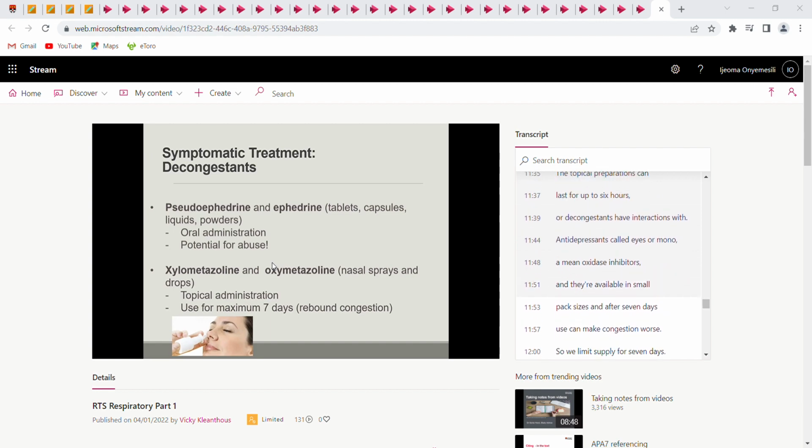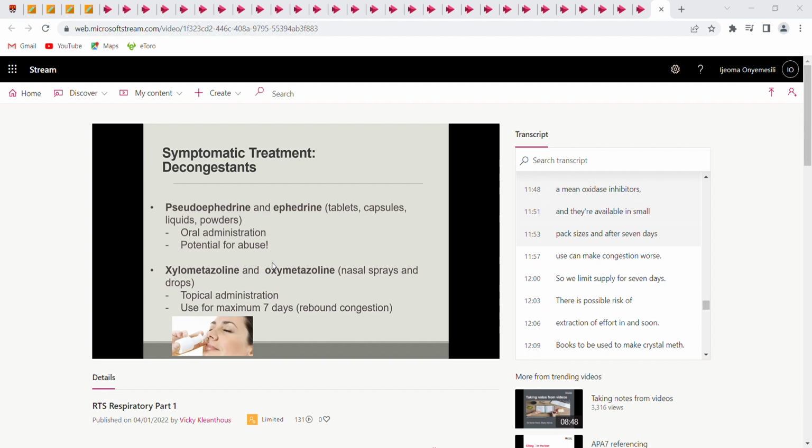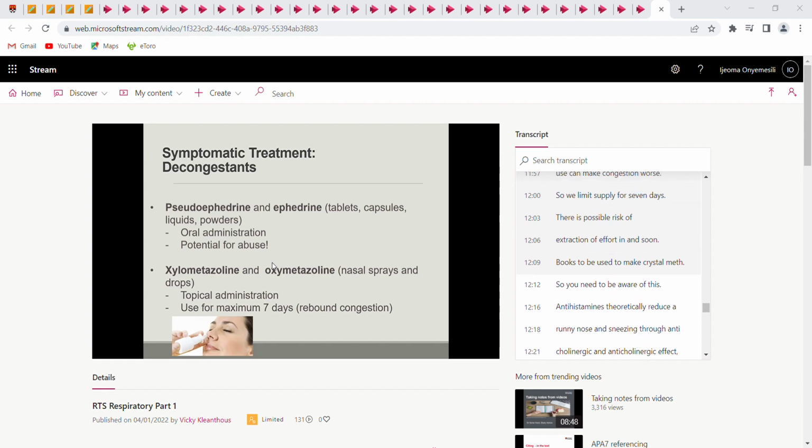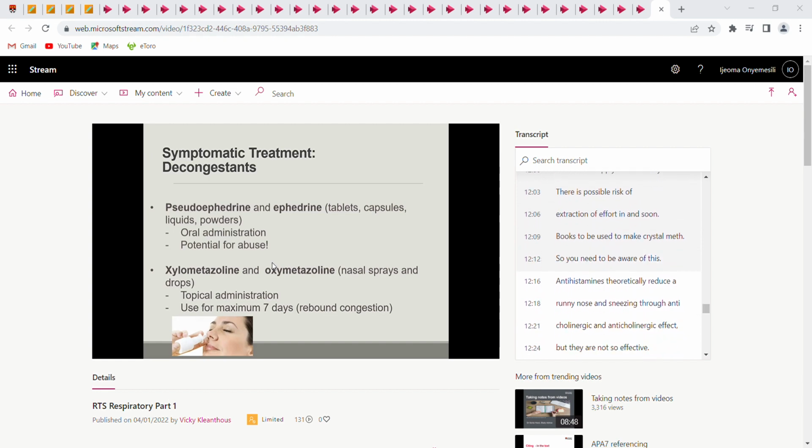They're available in small pack sizes, and after 7 days use can make congestion worse, so we limit supply for 7 days. There is possible risk of extraction of ephedrine and pseudoephedrines from products to be used to make crystal meth, so you need to be aware of this.